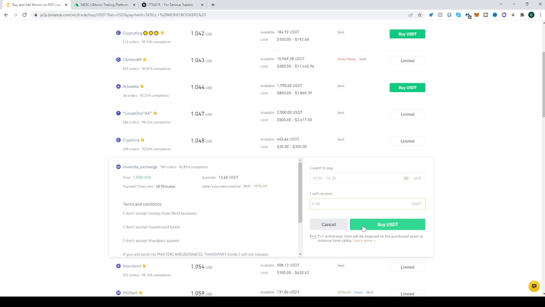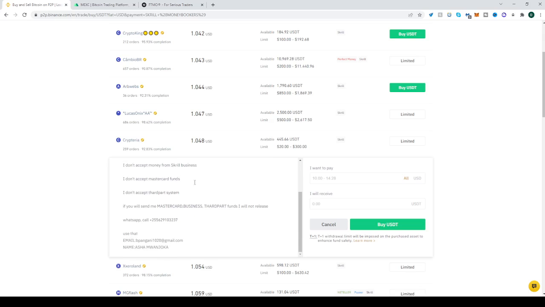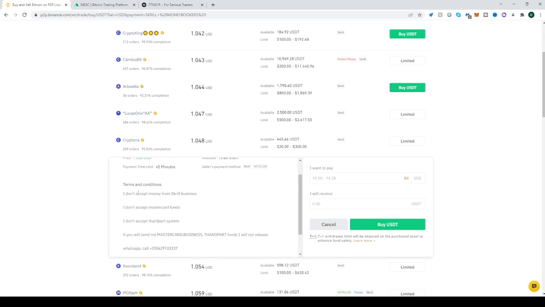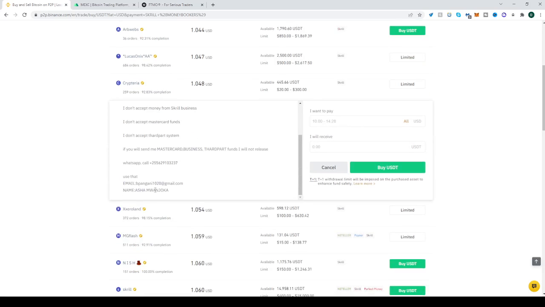When you click buy USDT, this will be transferred to the seller and they will confirm or not. There is a payment limit, of course. The different sellers have different payment limits. The other information is also displayed here, and their terms and conditions. Make sure to read this before purchasing.